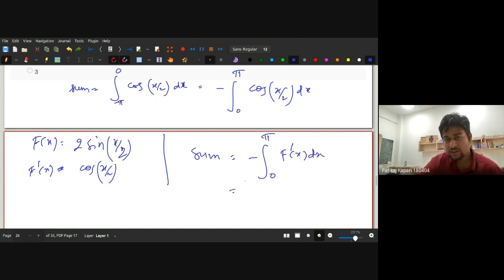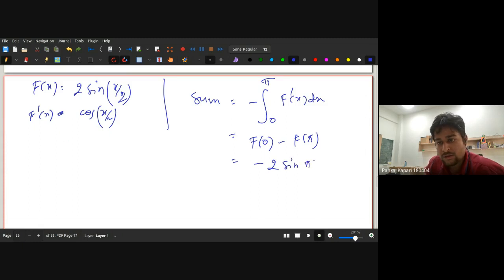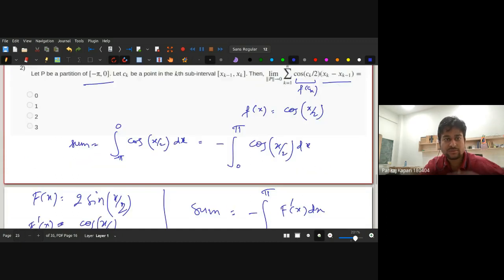And from the fundamental theorem of calculus, this just becomes, let me write it directly, F of 0 minus F of pi. So what is F of 0? F was the sine function, so F of 0 is 0 in this case. And we have F of pi, which is 2 sine pi by 2, which is 2. So minus 2.